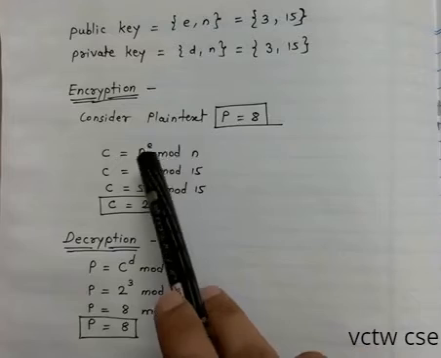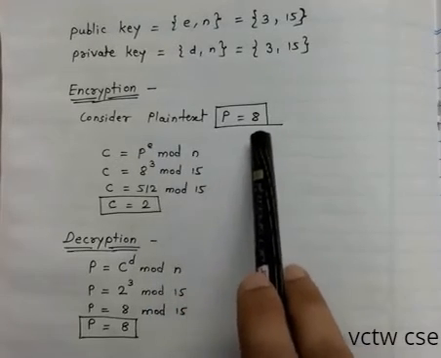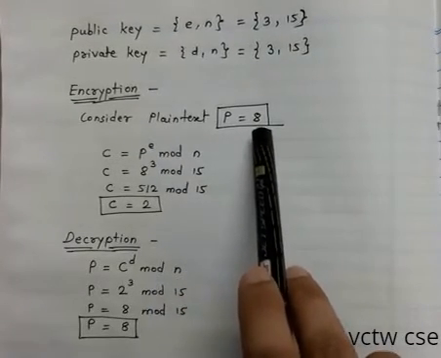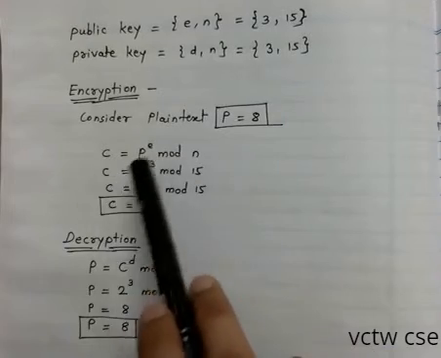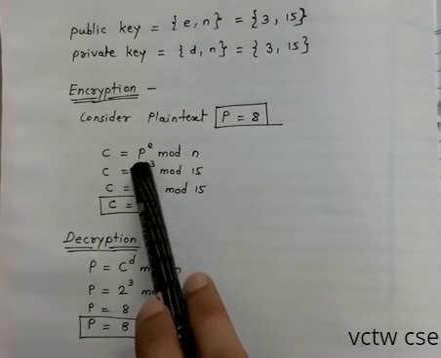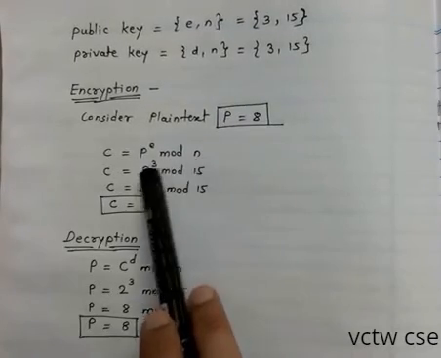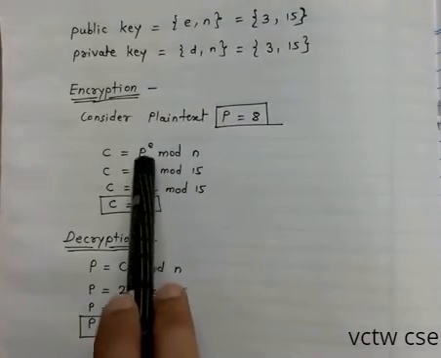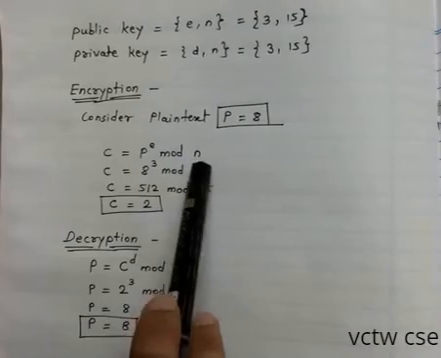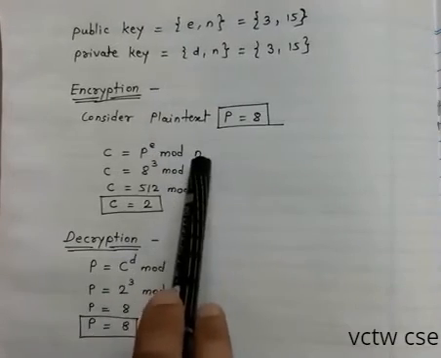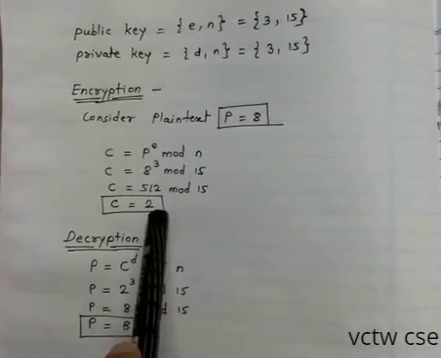For encryption, here I am considering the plain text, which is 8. We have the formula for encryption, that is C is equal to P raised to E mod n. Here we have calculated the value of E and N. So substitute these values in this formula, and you will get the ciphertext.